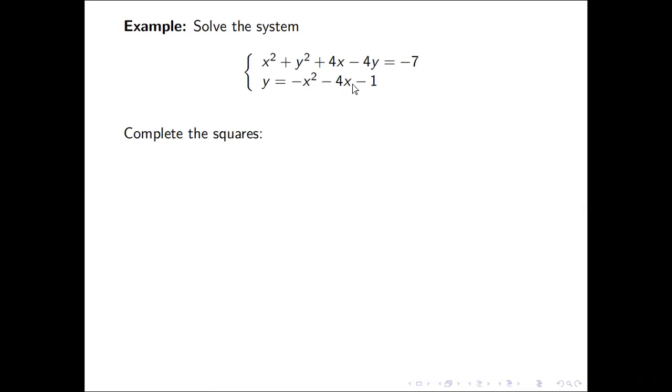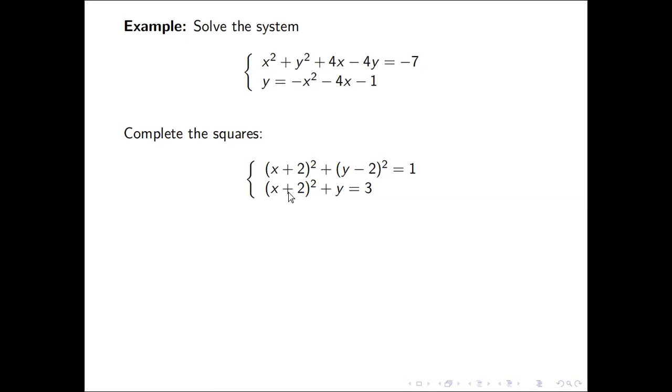Okay, we have to complete the squares for both. That won't be shown since I have given 4 examples on that, one for circles, then for the 3 other conic sections. But just verify that if you complete the squares for both, for the first one, you'll get (x + 2) squared plus (y - 2) squared equals 1.